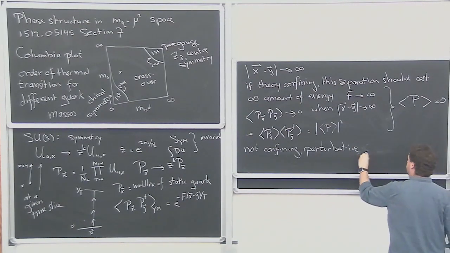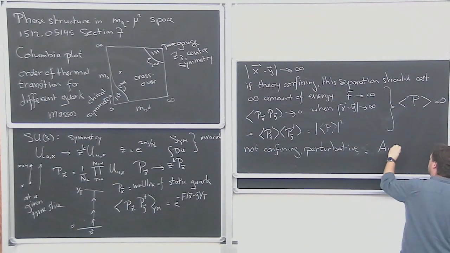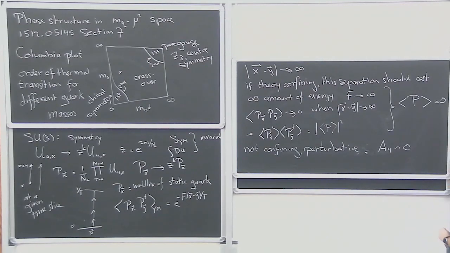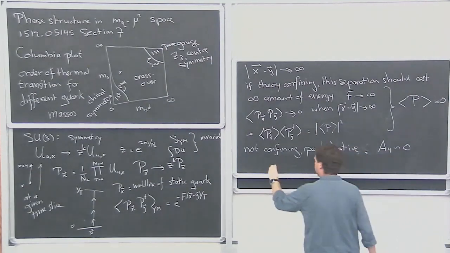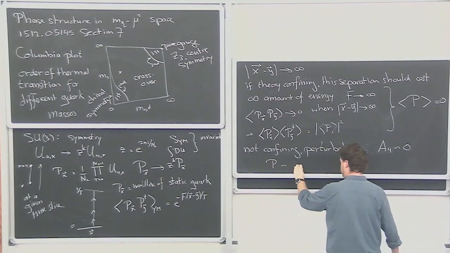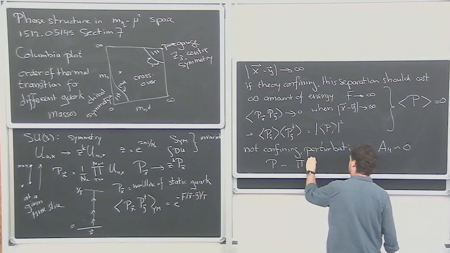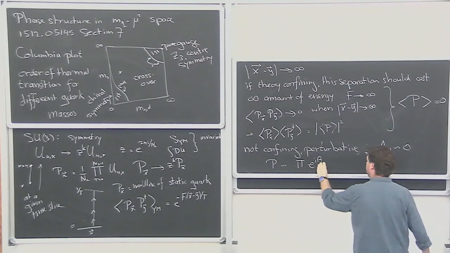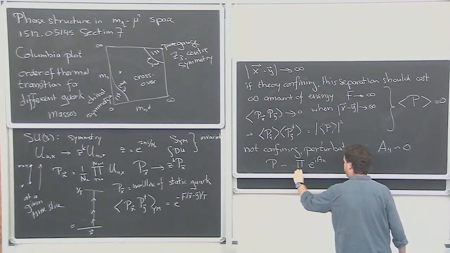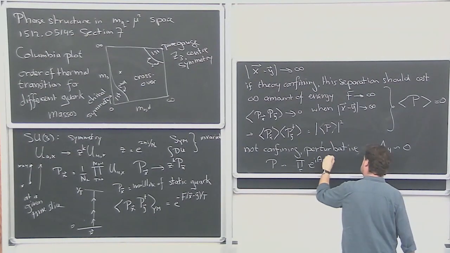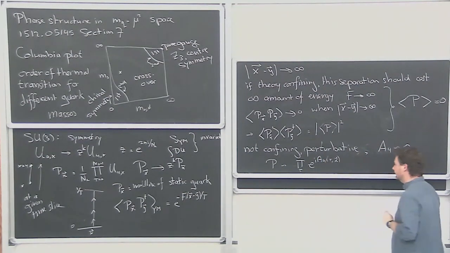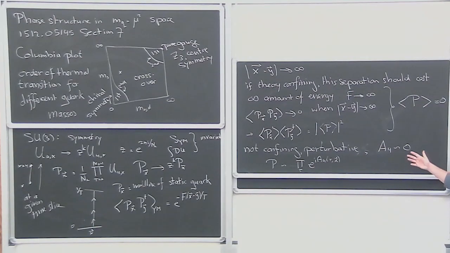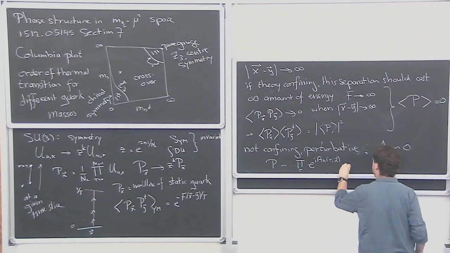The gauge potentials will be small, and so the Polyakov loop, which is like a product of the gauge potentials along the temporal direction, will be close to 1, because I have essentially a 0 in the exponential.